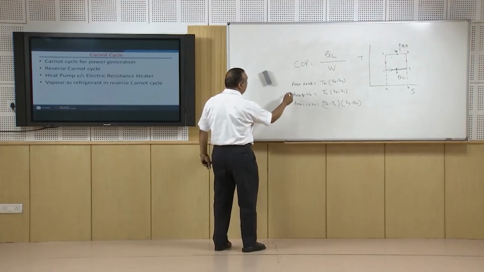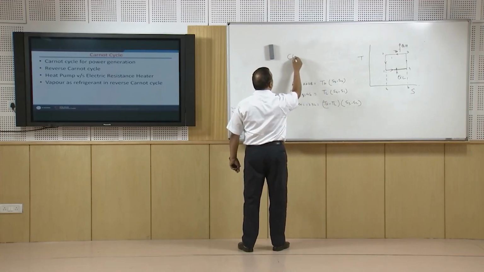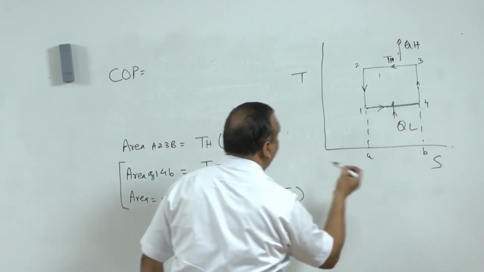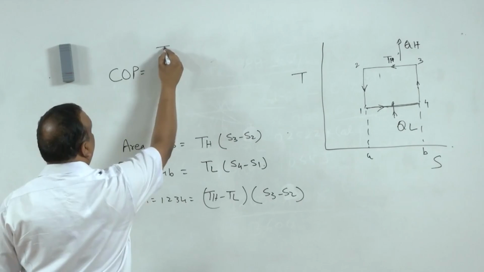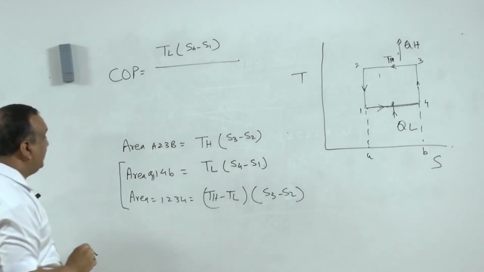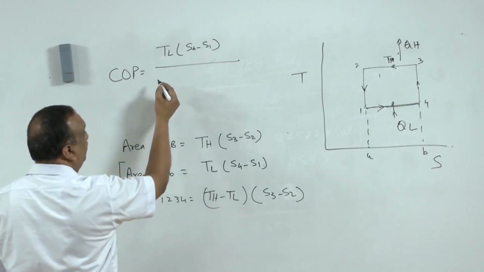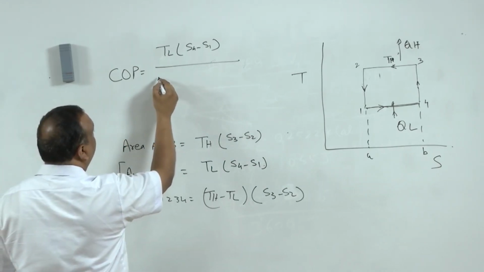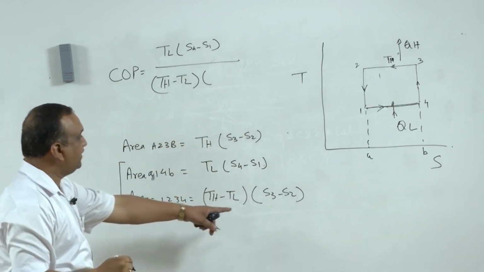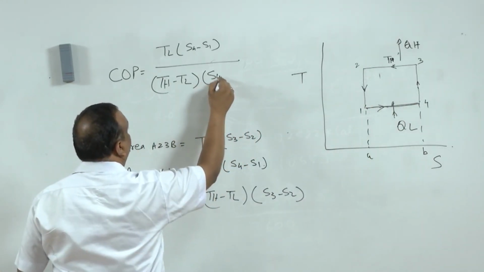Now, if you look at these two equations, to find the COP of the cycle, it is the heat transfer QL, which is TL times (S4 minus S1), divided by the area of this rectangle, which gives us the work spent for this heat transfer, and that is (TH minus TL) times (S3 minus S2), because S3 is equal to S4 and S2 is equal to S1. So we can always write S4 minus S1.